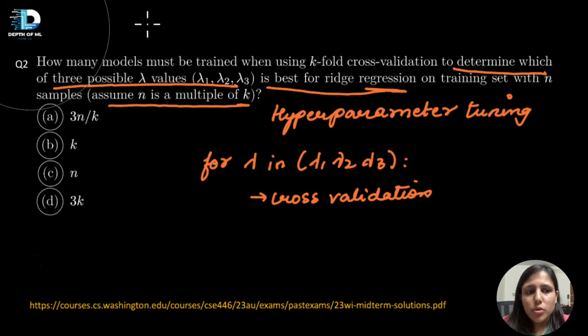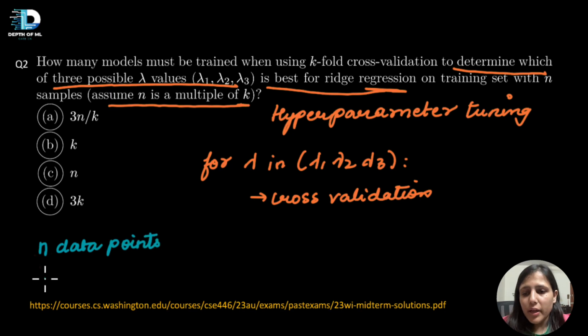So they have given that the total data set points are n. These are n data points, and we are using k-fold cross validation, right?